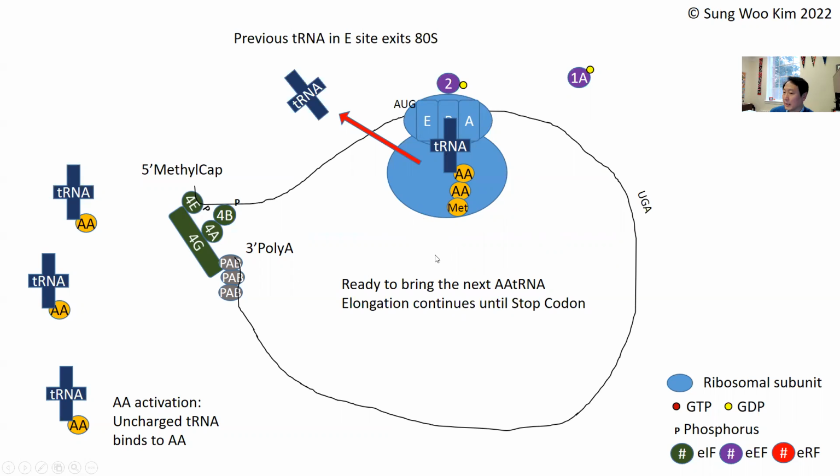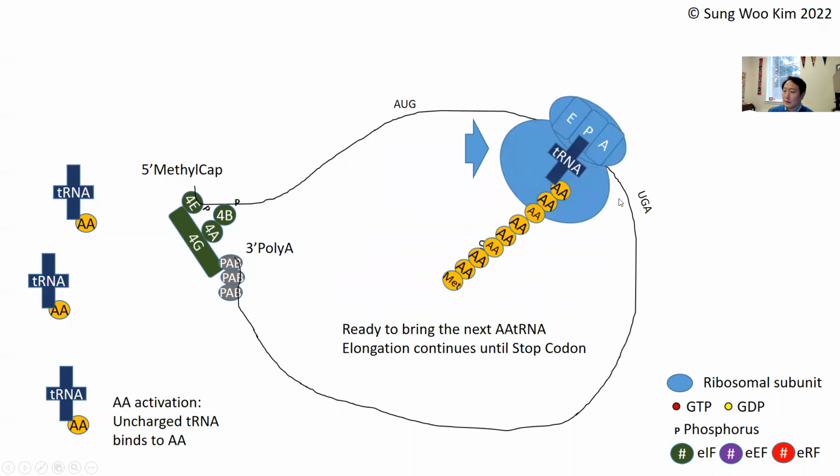This will repeat again and again until the ribosome moves to the stop codon. This one is one of the stop codons, UGA. As this elongation happens, this peptide will become longer and longer based on the codons.